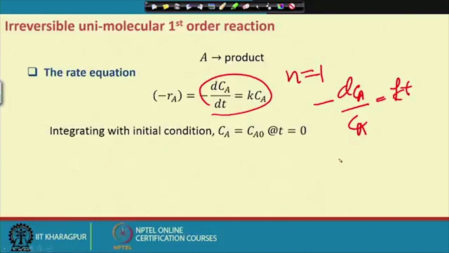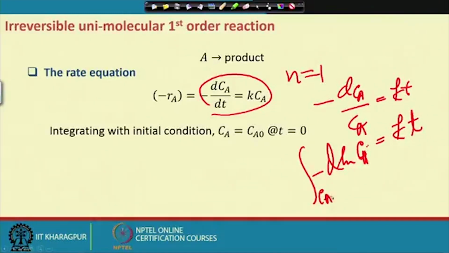So, this is equal to d ln Ca equal to k into t. So we can do the integration from Ca0 to Ca. So we can write ln Ca by Ca0 equal to minus k into t.